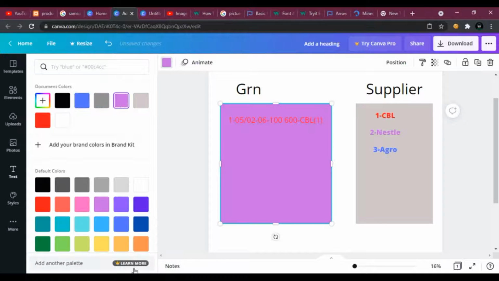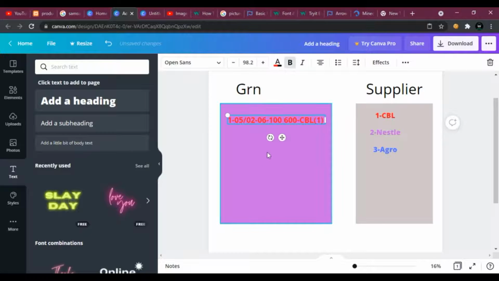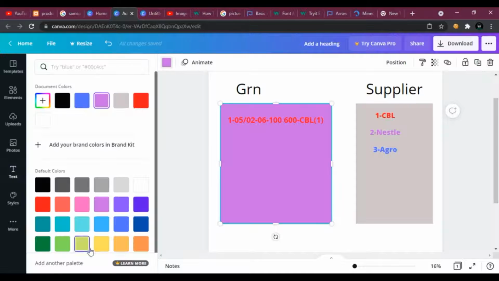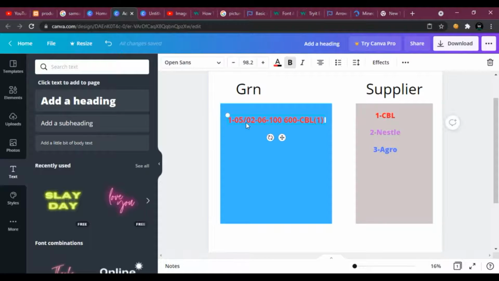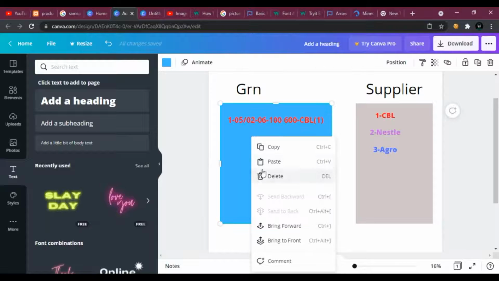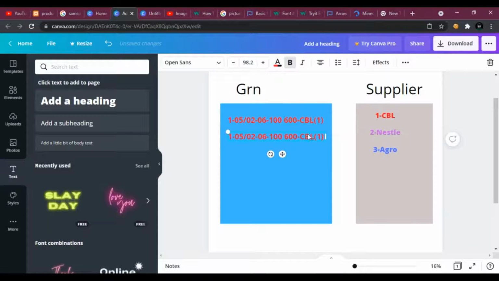Let me find a good color. This looks perfect. On the same date, he bought 6 chocolates. The unit price is 100. So he bought 6 chocolates from CBL.